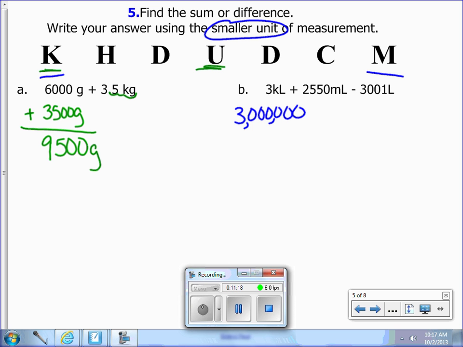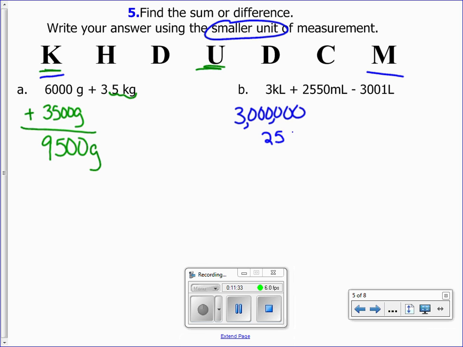So here I've converted kiloliters to milliliters. Move the decimal place 6 places, and now it's 3 million. Now I'm going to add 2,550 milliliters.